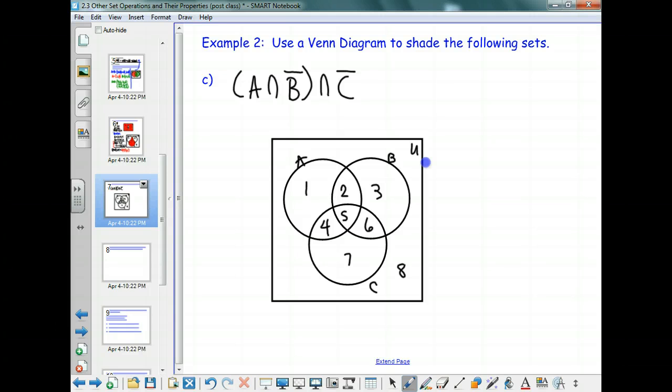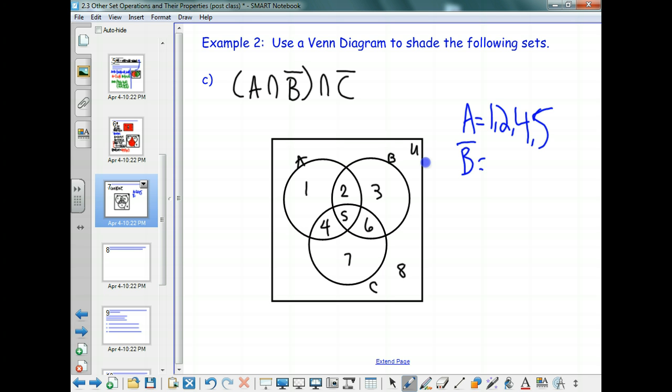What does she need to do first? Figure out what's in A, because A is in the parentheses, right? All right. So somebody tell her what numbers she needs to write down for A. 1, 2, 4. Perfect. Now what does she need to do? B complement. All right, so what does B complement mean?